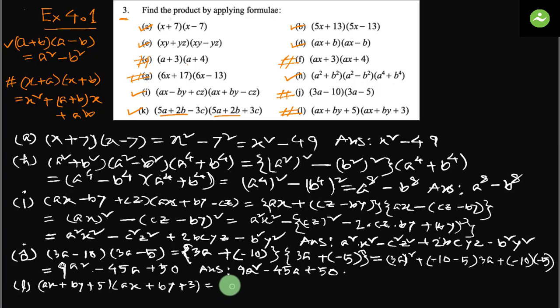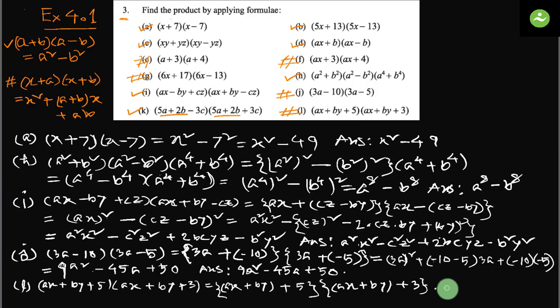So what we can do is ax plus by, this is x and a is 5, so it is x plus a, and x plus b is ax plus by, this is x plus b is 3, and we know the formula, x square plus a plus b x plus ab.